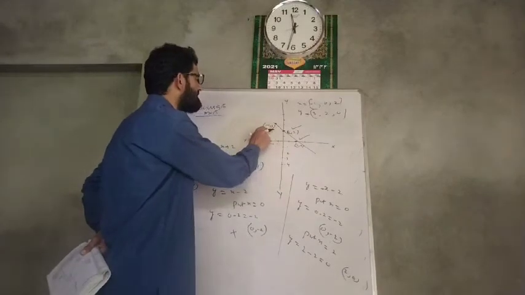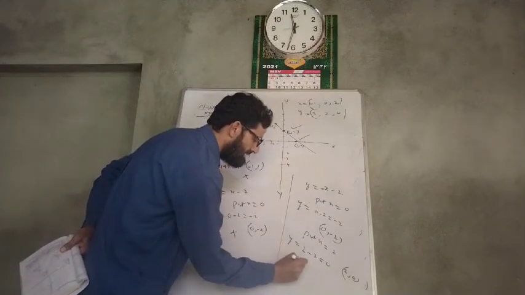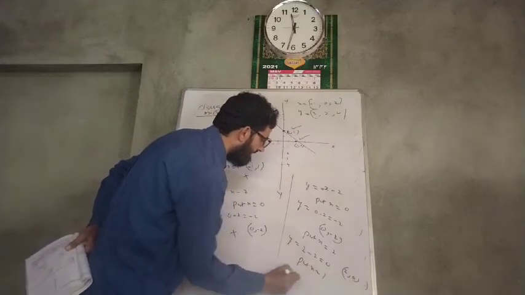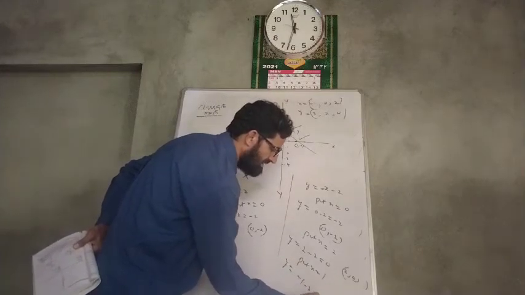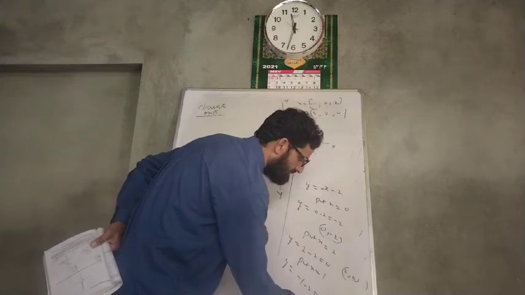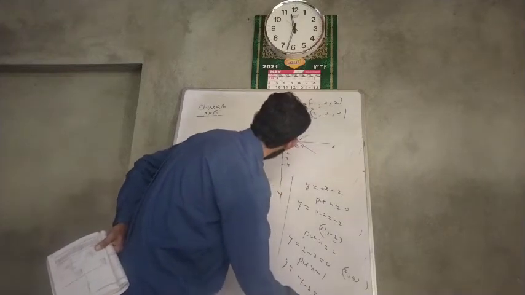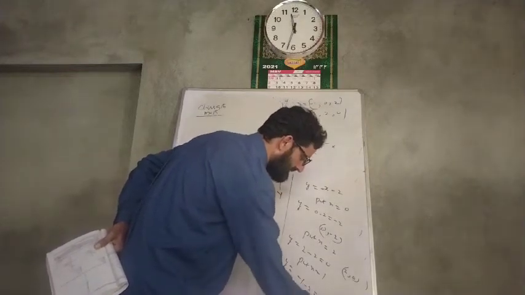Now let us give this minus 1. Put x is equal to minus 1. y is equal to minus 1 minus 2, this is minus 3. So minus 1 and minus 3.